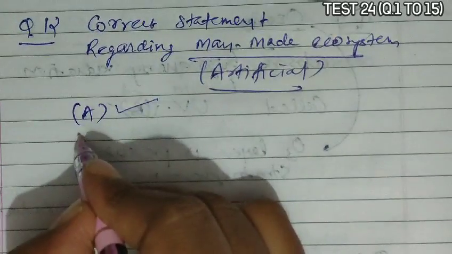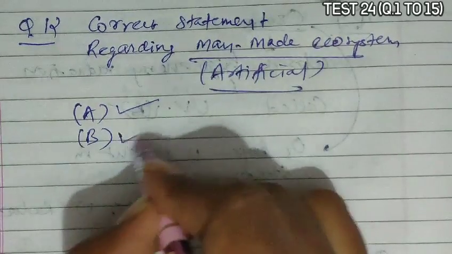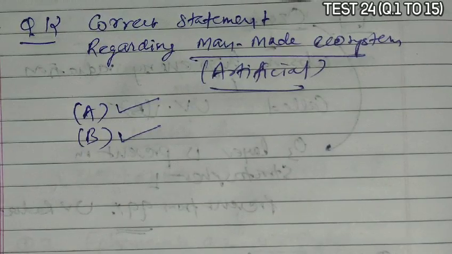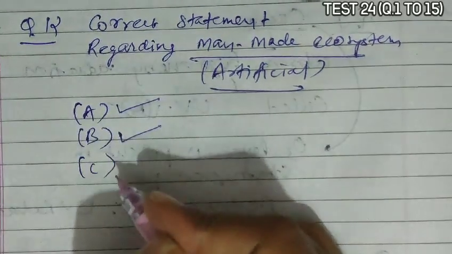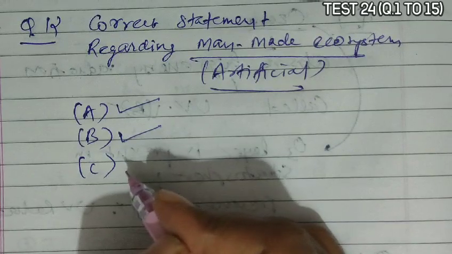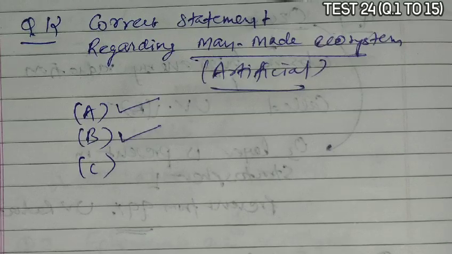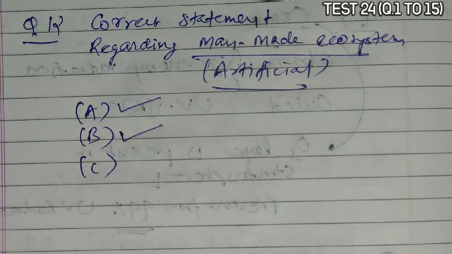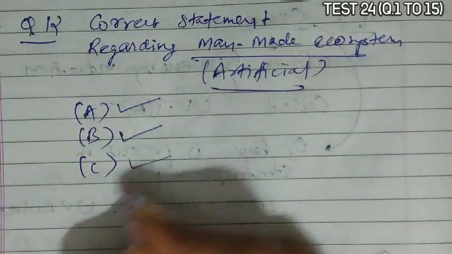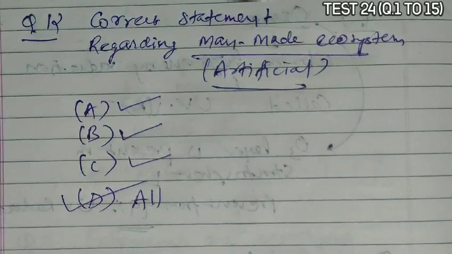Yes, they are more productive, so they are highly efficient. Option B, they are poor in diversity. Yes, they are poor in diversity because man-made ecosystems are selective based on the will of the man. Option C, they are vulnerable to drought, flood, and diseases. Yes, these are man-made, so they are not completely adapted to the environment, so they are more vulnerable to being destroyed in a drought, flood, and disease. So it is also correct. And option D is all are correct. So option D is correct answer.